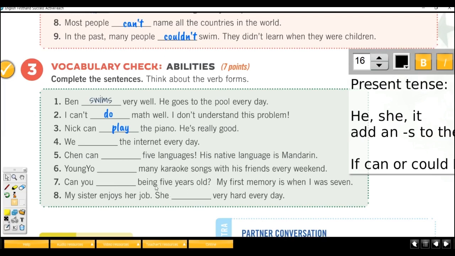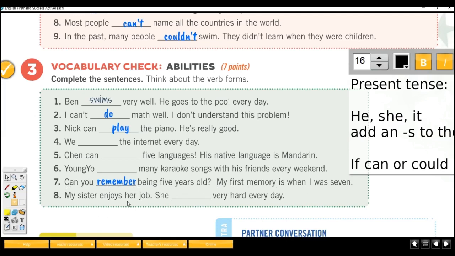Okay, 5살 때 기억할 수 있어요? Something that comes with the past. The first memory is when I was 7. Okay, memory is like remember. Can you remember being 5 years old? My first memory was when I was 7.